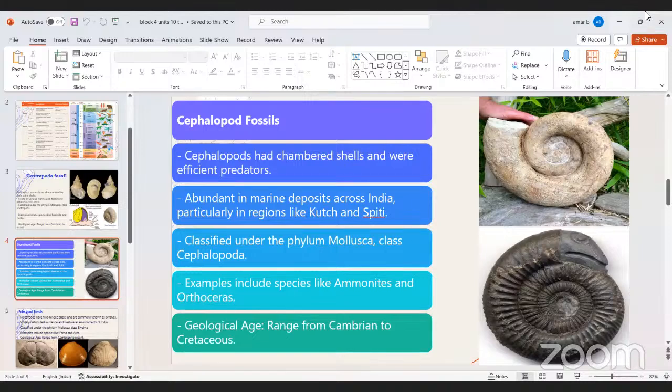Paleontology is the study of ancient life through its fossils.